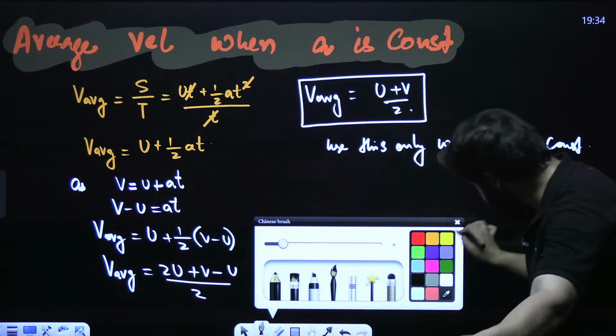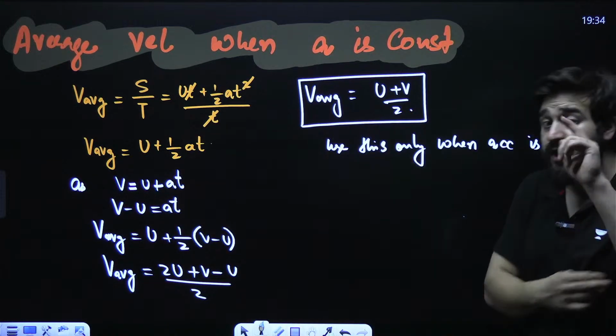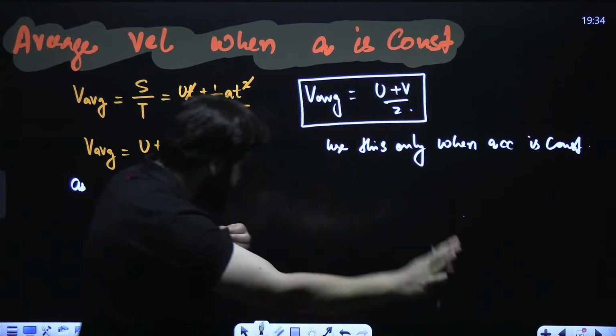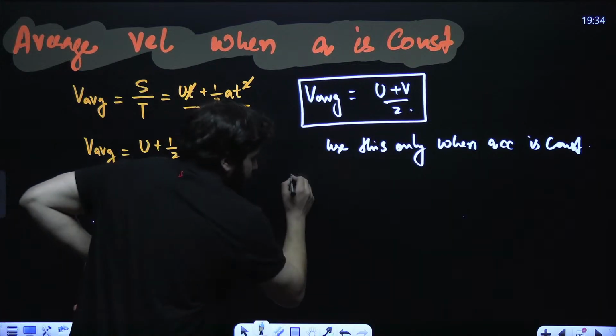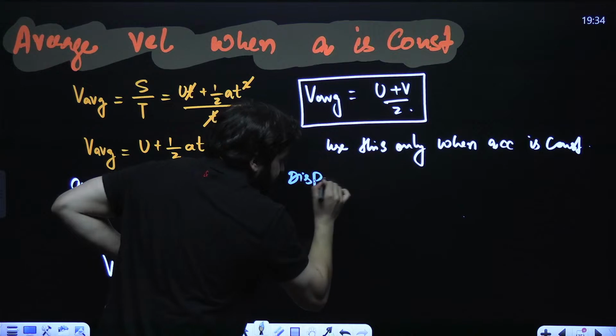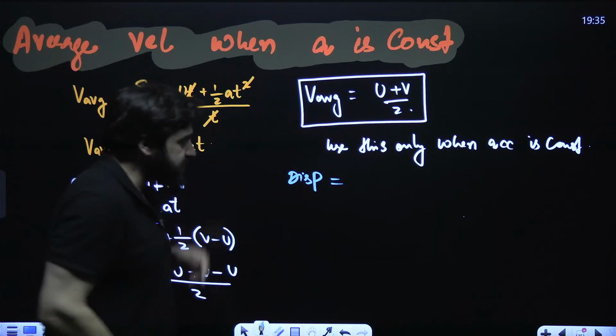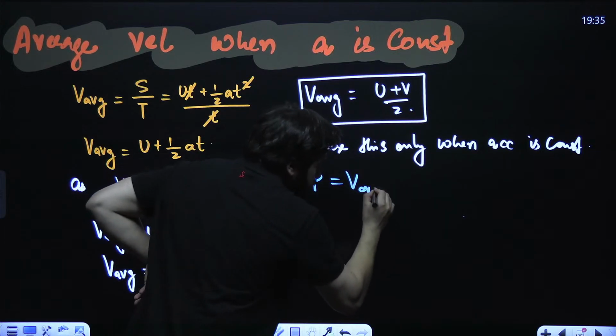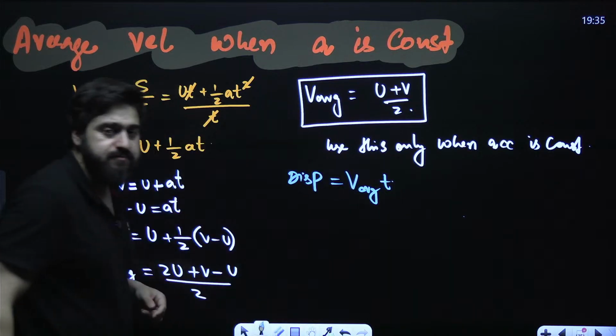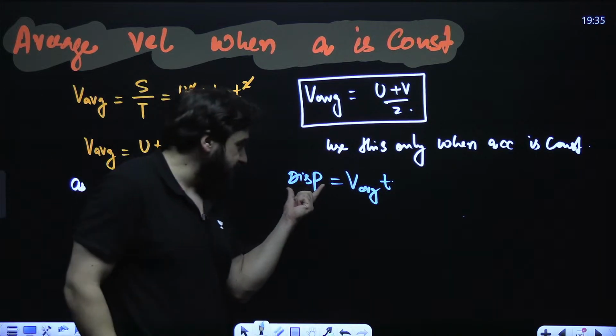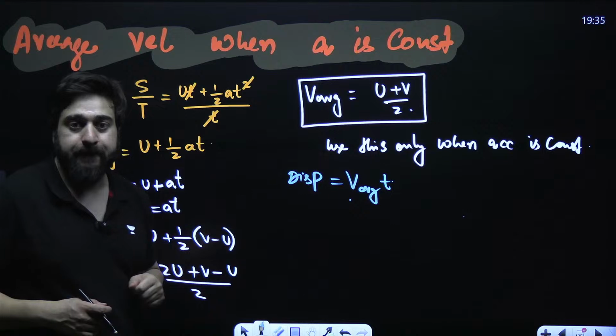One more thing I would want you guys to focus on. Can I write displacement is average velocity into time? Yes. Displacement is average velocity into time.